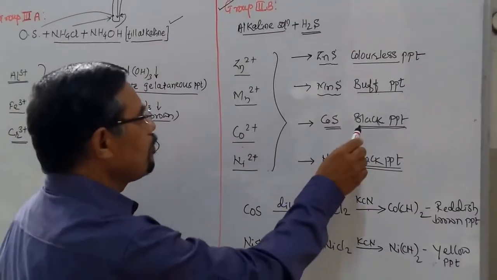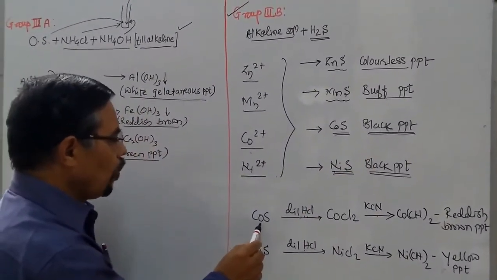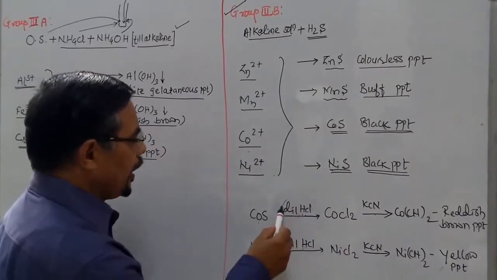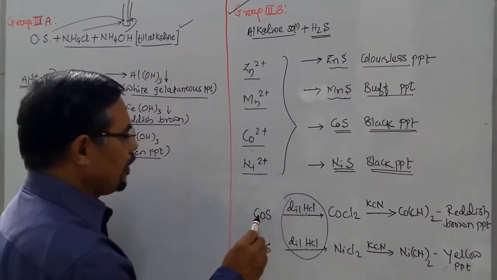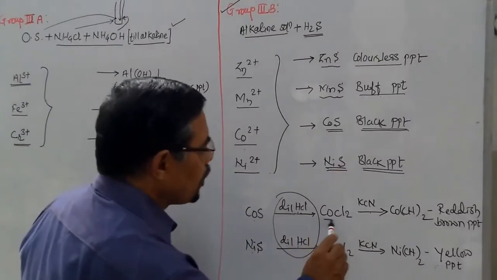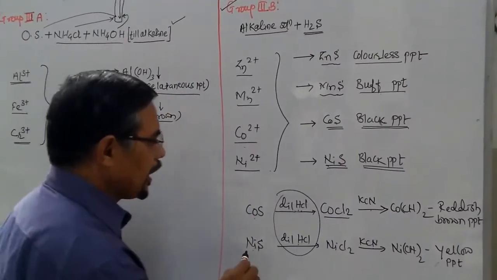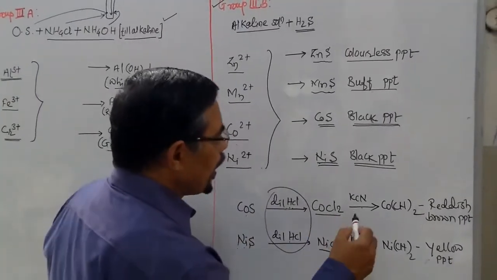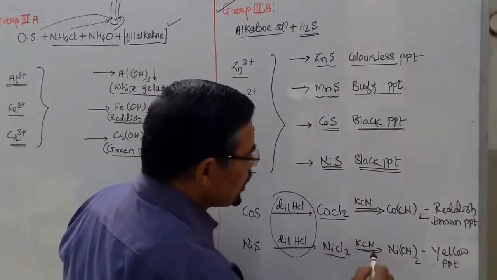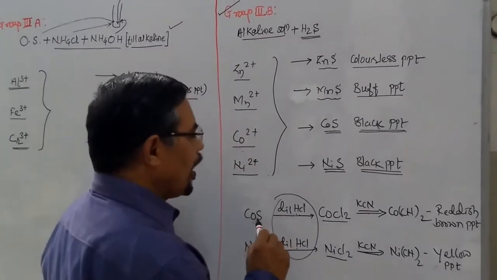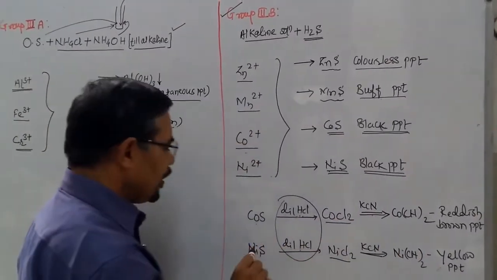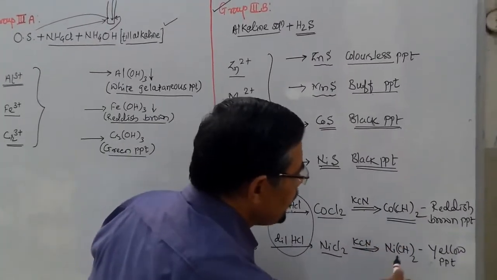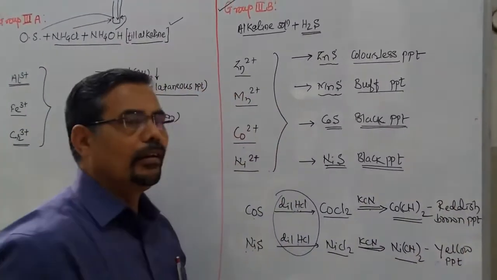So if you take this black colored precipitate of cobalt sulfide or nickel sulfide and dilute HCl is added, then if cobalt is present it forms cobalt chloride, or if nickel is present it forms nickel chloride. In this chloride solution, if we add potassium cyanide, then cobalt forms cobalt cyanide, nickel forms nickel cyanide, but these cyanide precipitates have different colors.